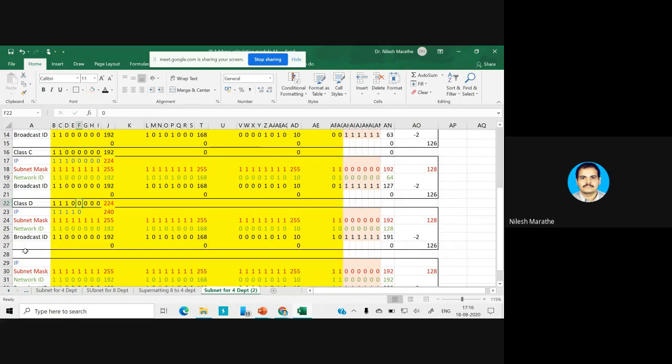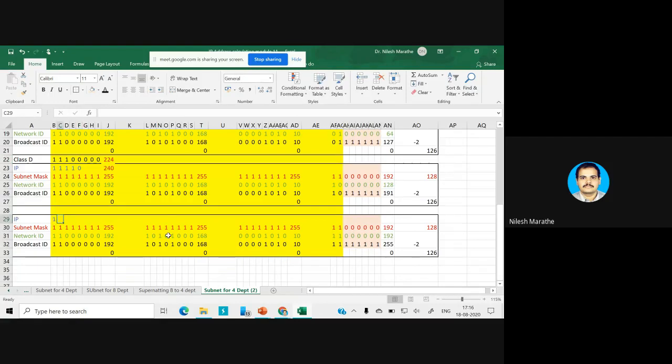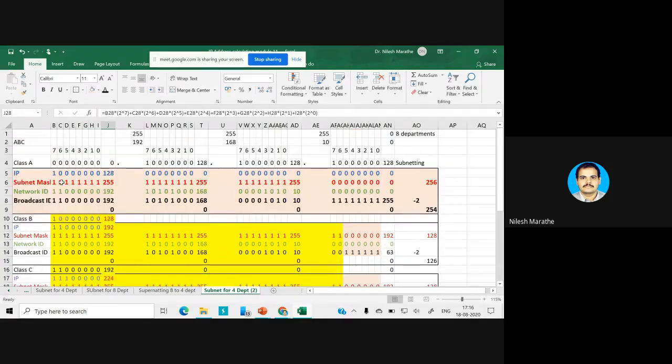Last, class E. So class A is going to start from 0 to 127.